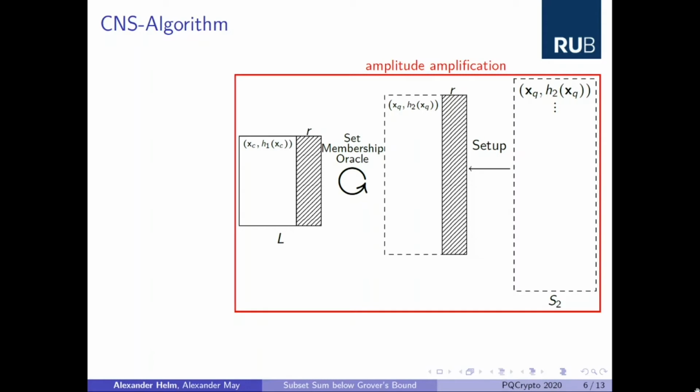But the downside of the oracle is that the evaluation of it takes time linear to the list size. With the setup and the oracle, we execute our amplitude amplification and receive an xq for which a matching xc in L exists. So now we want to make usage of this algorithm for the subset sum problem.